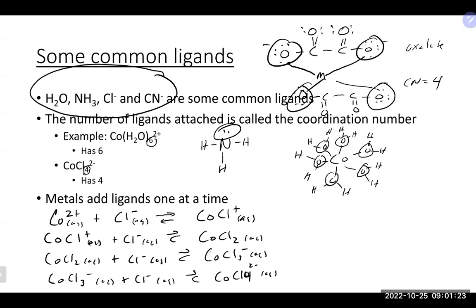Each of these ligands being added on will create an equilibrium, and you can have a K value for each of these steps along the way.